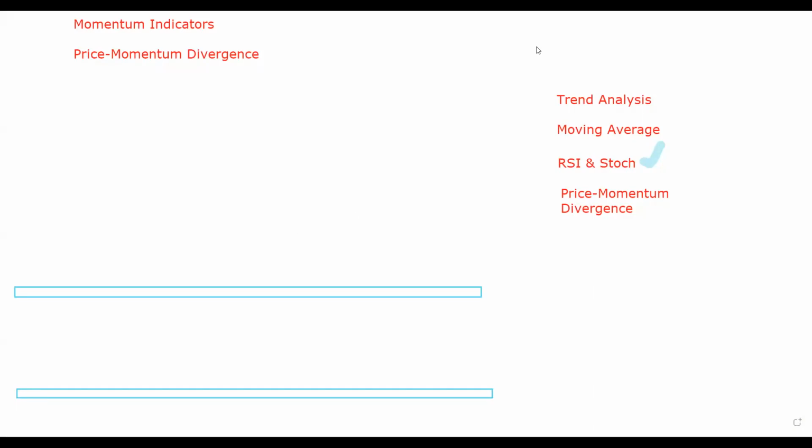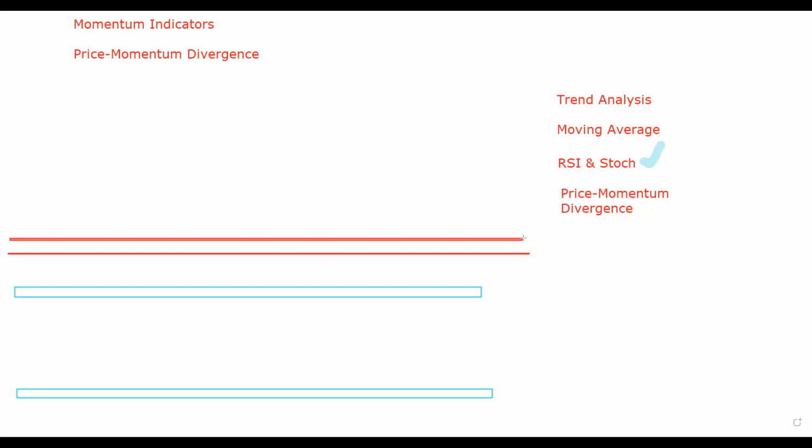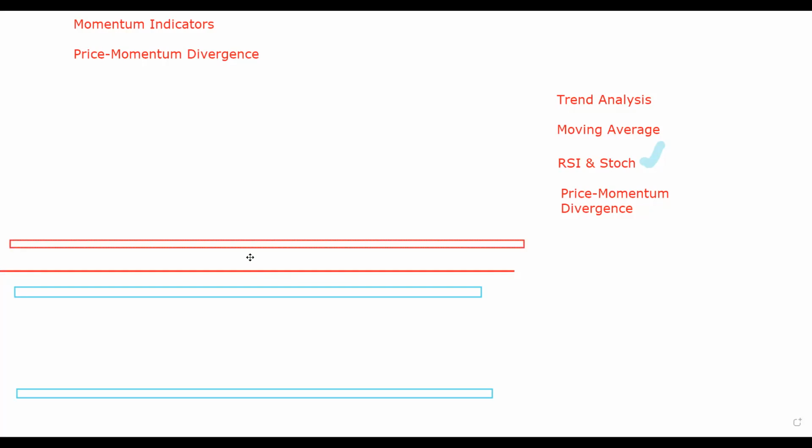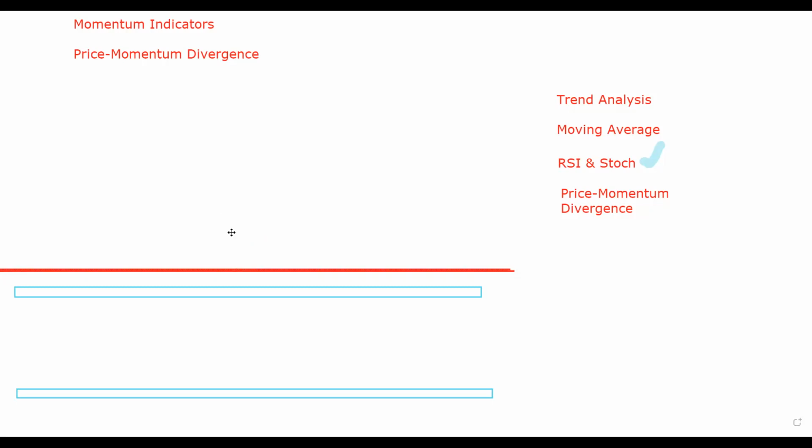Let me use a different color. So what I'm trying to do here is demarcate. All right. So above this demarcation line is the price.